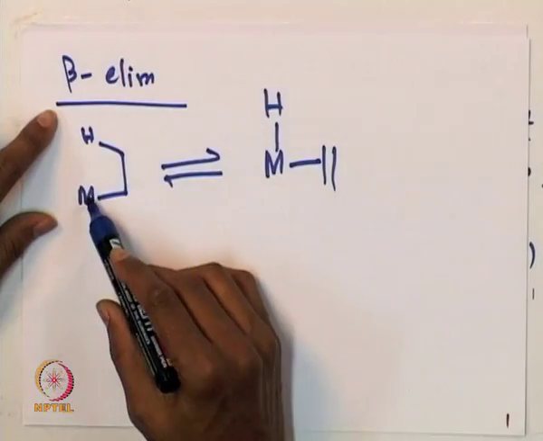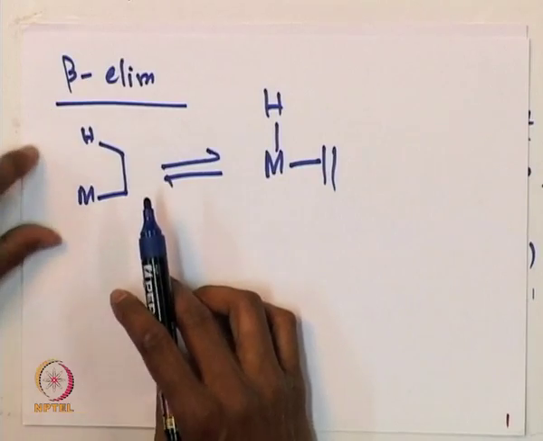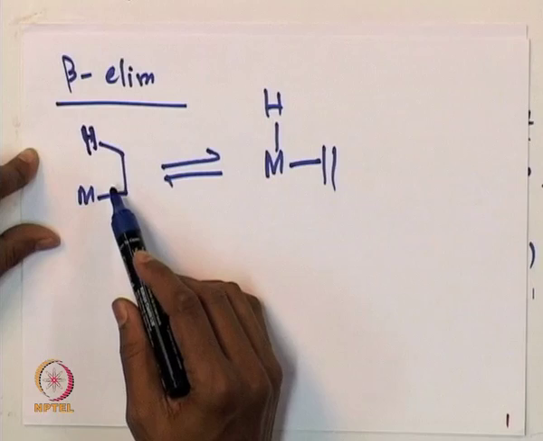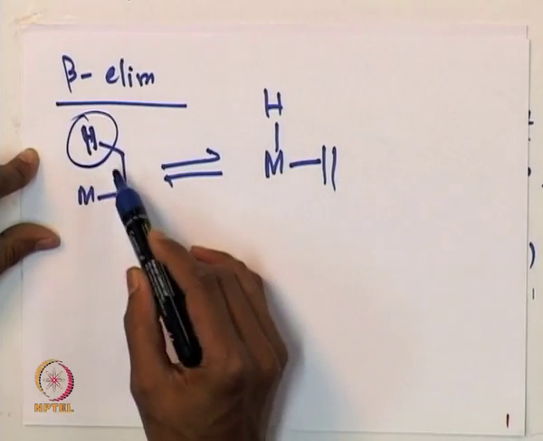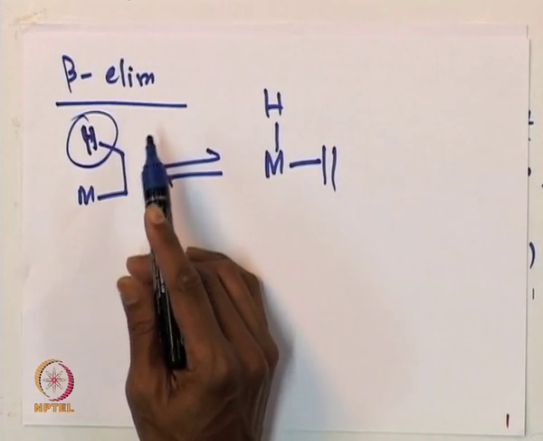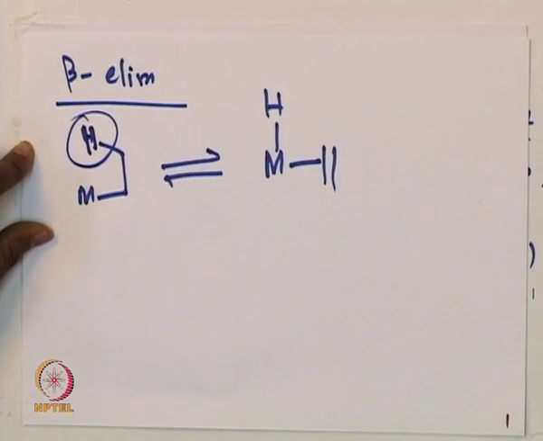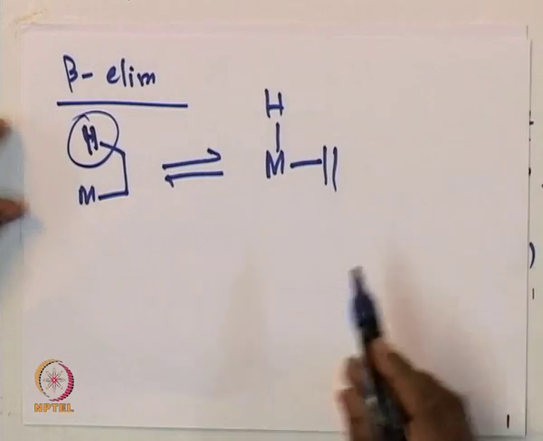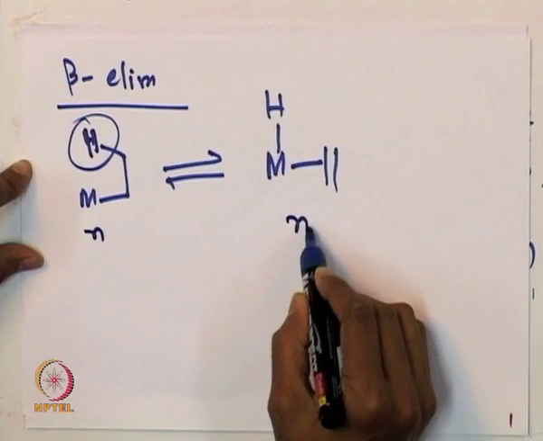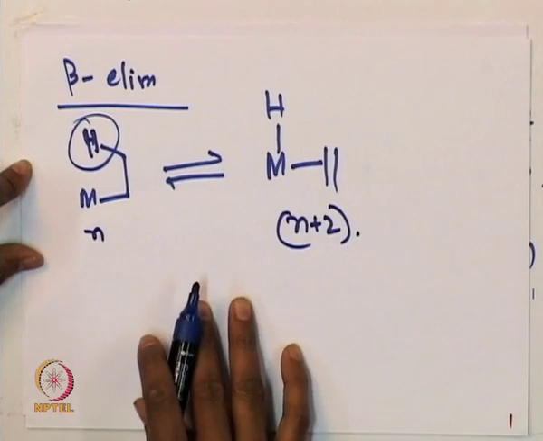Beta elimination involves the metal alkyl species, for example the hydride being the major or primary one, and the alkyl over here is less likely, although it is possible. Alkyl is usually less likely, and we have very good examples of the hydride complexes. If this is an n electron complex, this is going to be an n plus 2 electron complex.